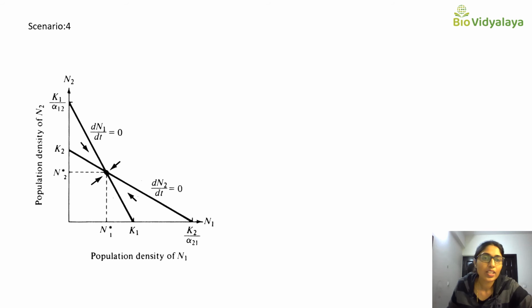Okay. Scenario 4. Here you can see that both the isoclines are crossing, isn't it? This is the isocline of species 1, and this is for species 2.